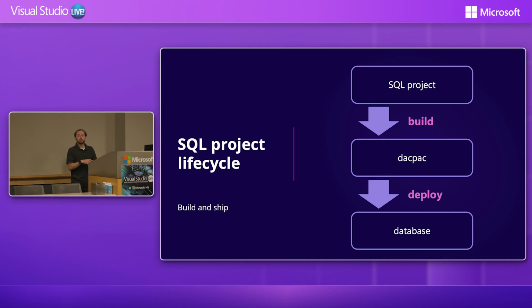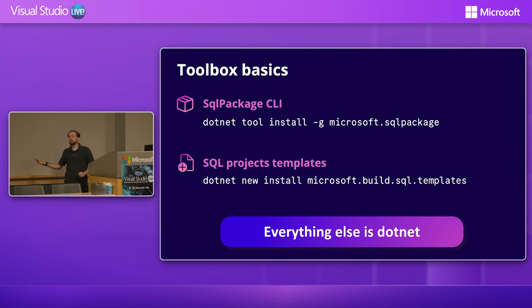You have a SQL project that could be automatically generated or something that gets created that is built into some kind of artifact, a DAC pack, and that gets deployed to a database. If you put nothing else in your toolbox, the SqlPackage CLI and then the templates will get you a good amount of ways into just exploring.